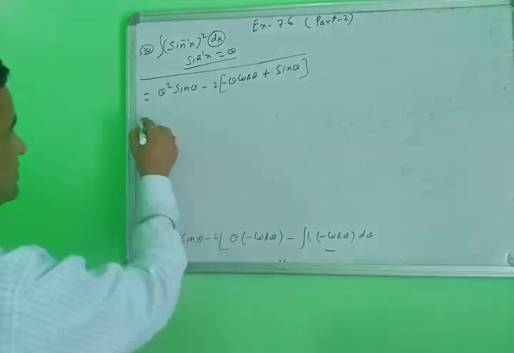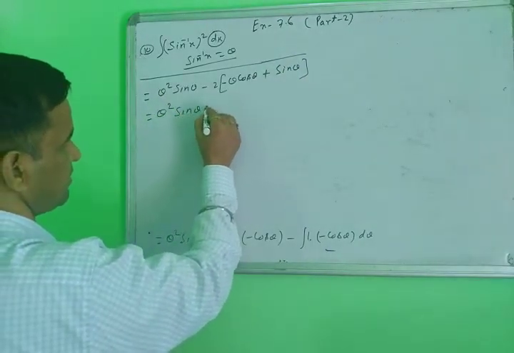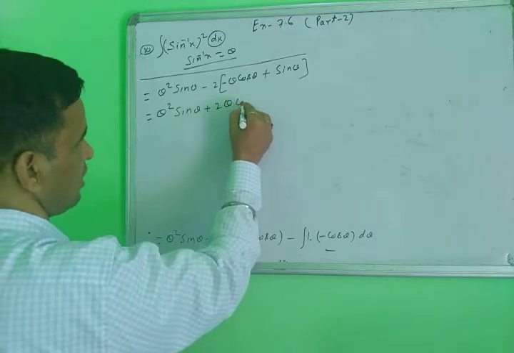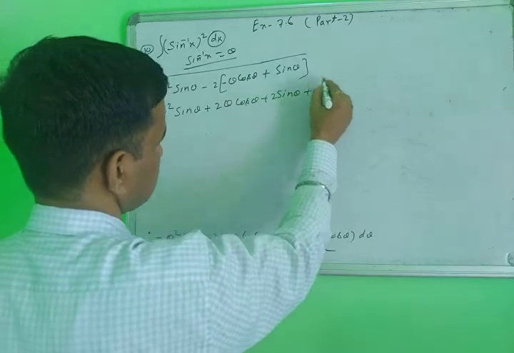Then you multiply inside: theta square sin theta plus 2 theta cos theta minus 2 sin theta plus c.